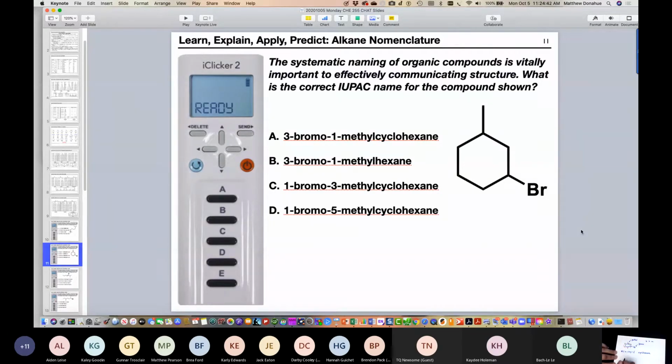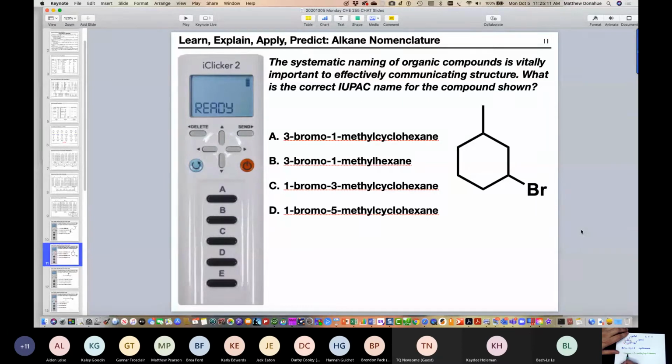So it is 1 bromo, 3 methyl cyclohexane. Let me point out a couple more subtleties about this process. The number is the locant.